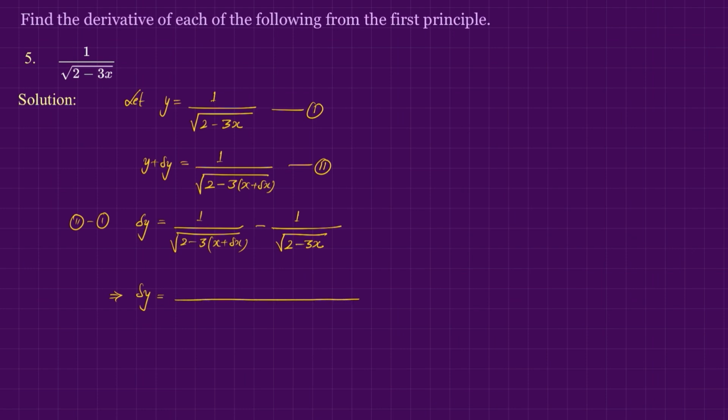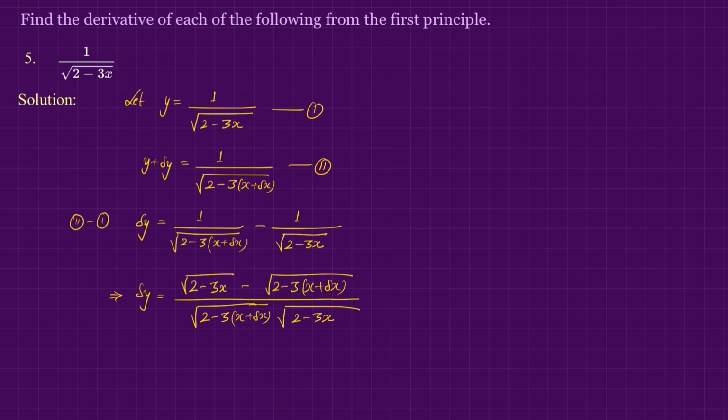So in denominator we will have root over 2 minus 3 times x plus delta x into root over 2 minus 3x, and in numerator we will have root over 2 minus 3x minus under root of 2 minus 3 times x plus delta x. Now here we will try to rationalize the numerator.